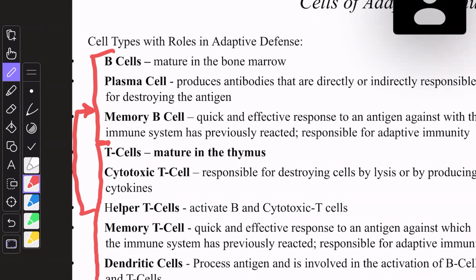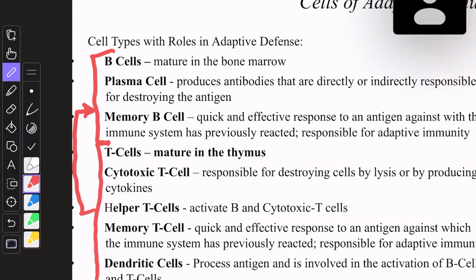The T cells that mature in the thymus will eventually become either a cytotoxic T cell, a helper T cell, or a memory T cell. We'll talk about the differences between them in a few minutes.